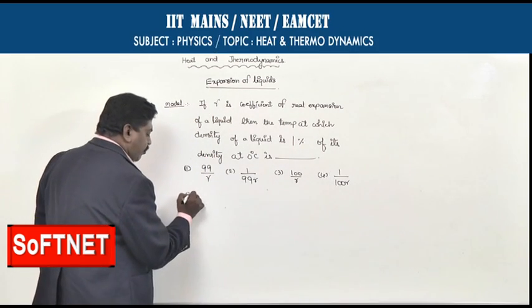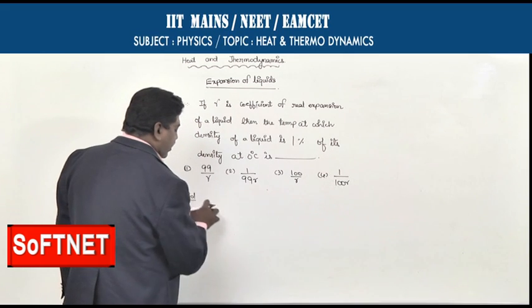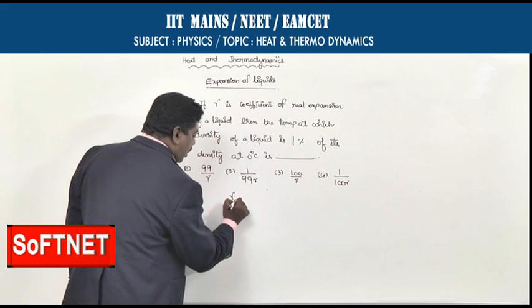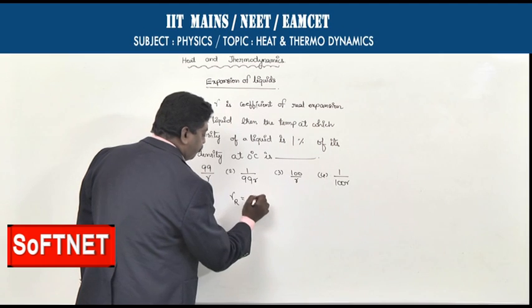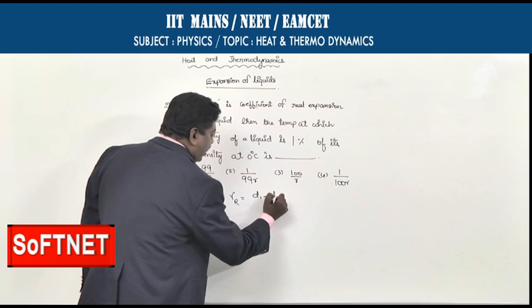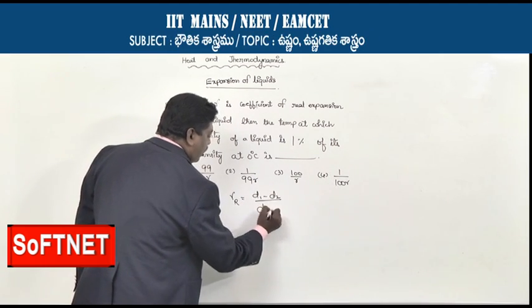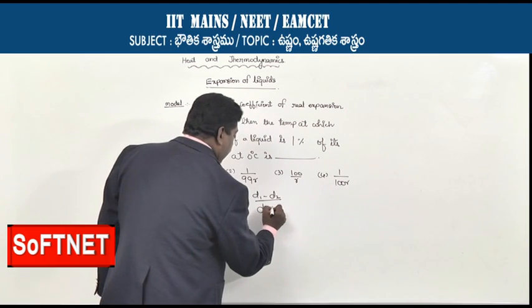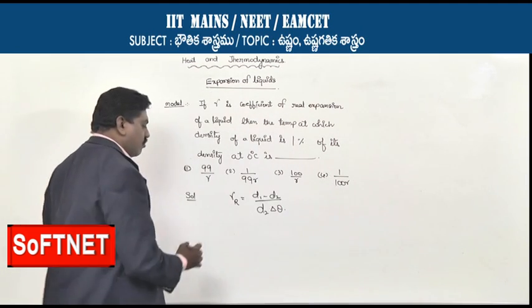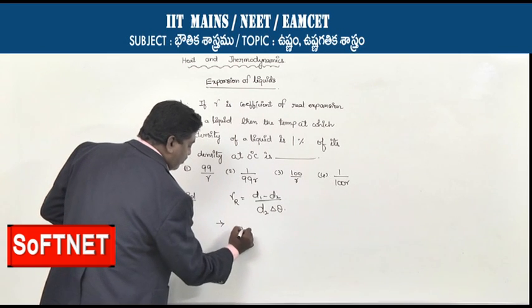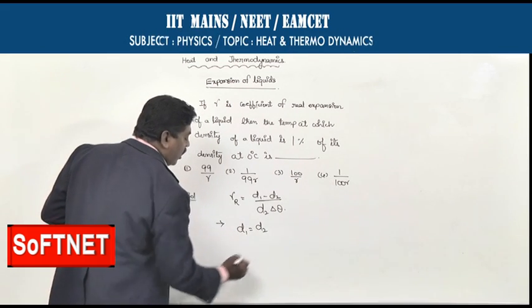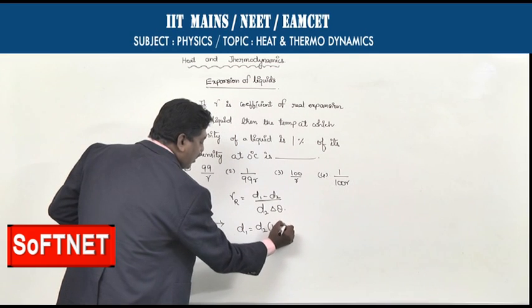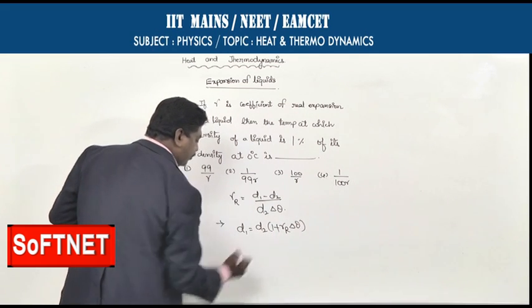Now, as I have derived already in the previous case, we have gamma r equals d1 minus d2 by d2 into delta theta. From this we can write d1 equals d2 into 1 plus gamma r delta theta.